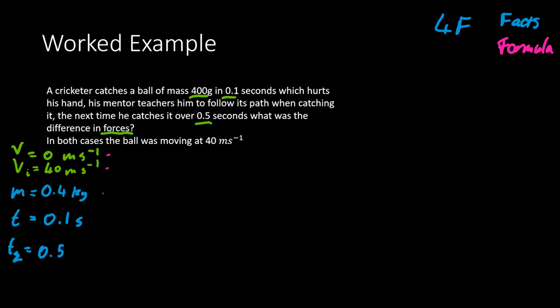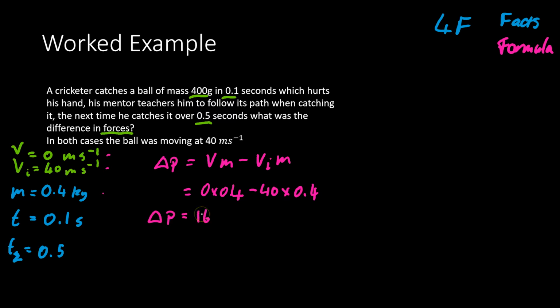So you should remember that change in momentum is equal to final velocity times mass, take initial velocity times mass, which in this situation is going to be 0 times 0.4, which cancels out because it's times 0, take 40 times 0.4. So our change in momentum is equal to 16. Now, these are in newton seconds, of course.